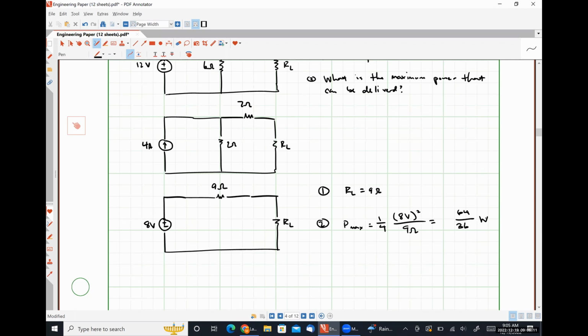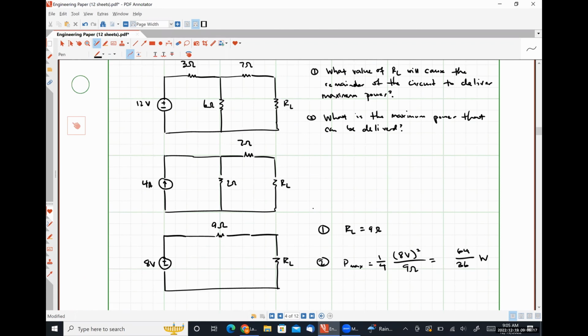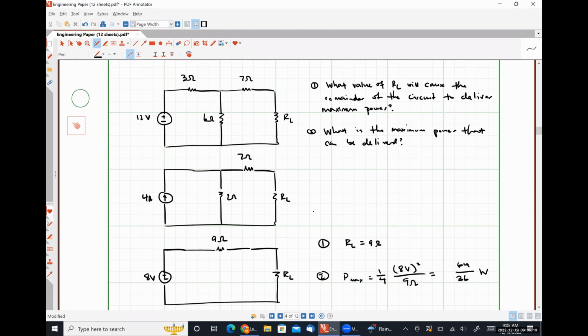So this concept of practical voltage sources and practical current sources, and what we're going to be doing with them in particular once we get back from the break, Thevenin and Norton equivalent circuits, allow for pretty straightforward power analysis, right? We don't need to understand what's going on in every individual part of the circuit. We just need to understand how it behaves as an equivalent circuit.